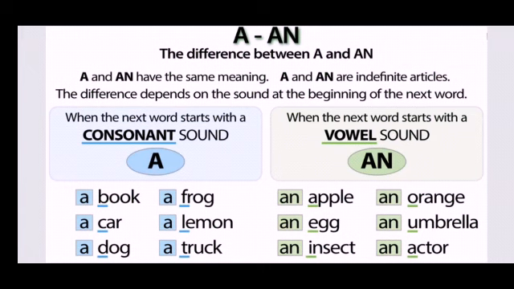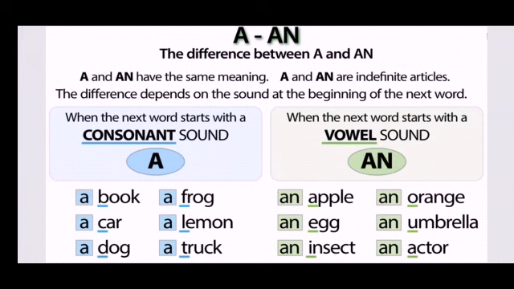In consonant sound, we use a. In vowel sound, we use an. Before the consonant sound, what do we use? Yes, a. Before the vowel sound, what do we use? Yes, an.